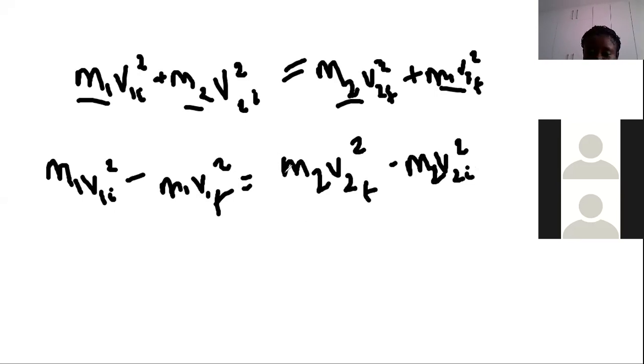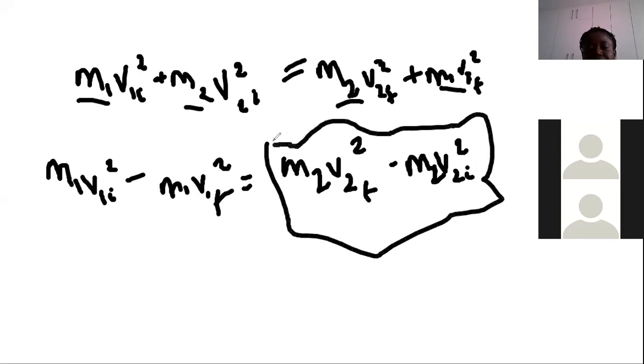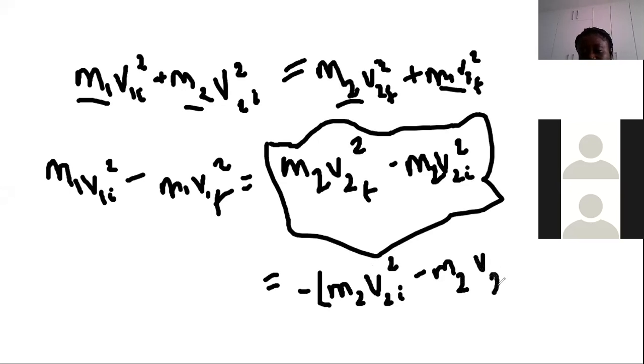I want the initial velocities to come first, so this is the same as minus, bringing this one first, m2 v2 initial squared minus m2 v2 final squared. What I did is multiply this side by negative 1.